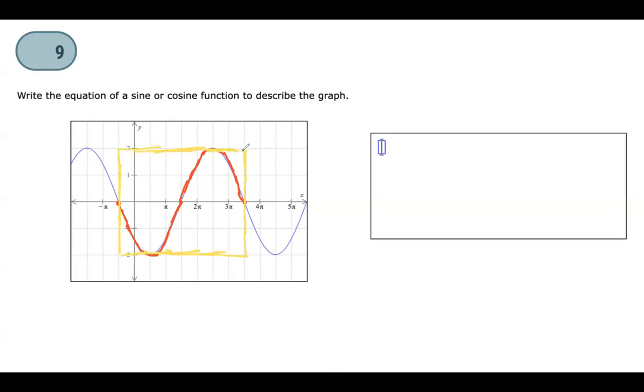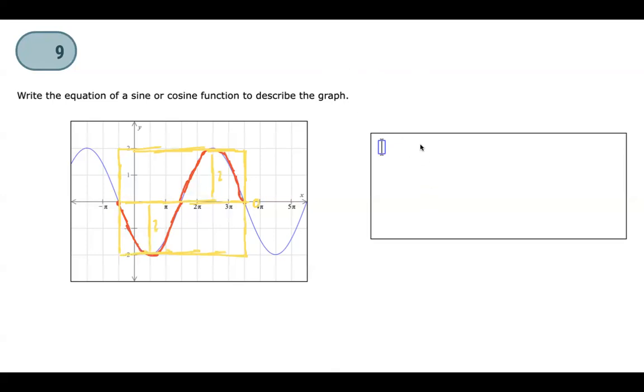Even though this one does not appear to have vertical shifting, I'm still going to highlight the midline. And the midline is, if I have 2 units going this way, I also need to have 2 units going down. And the midline is going to be exactly in between. So wherever the midline ends up being, here it is 0, but let's say that the midline ends up at 1, that's going to be your vertical shift.